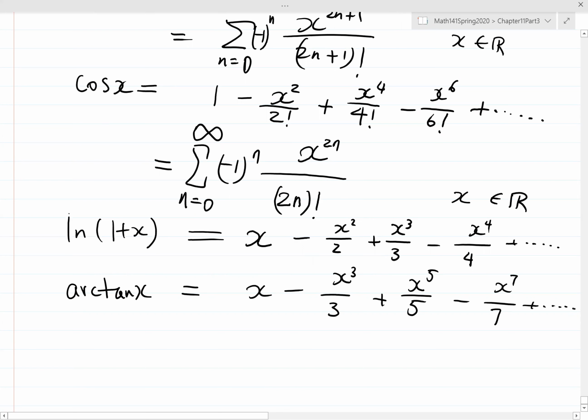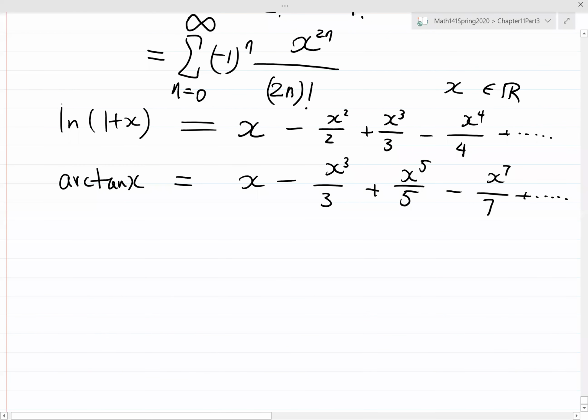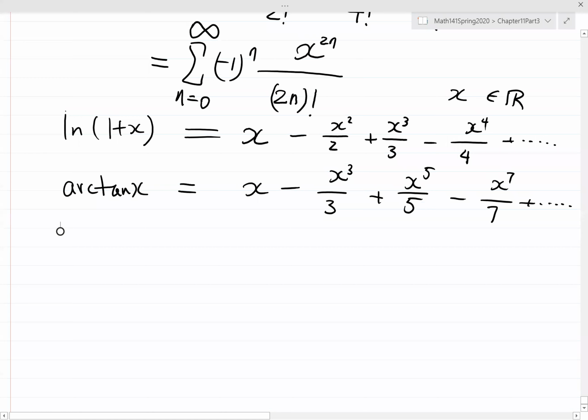What else? We have this power: 1 plus x to the power k, where k is any real number.